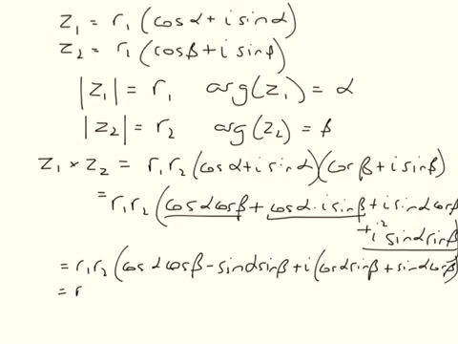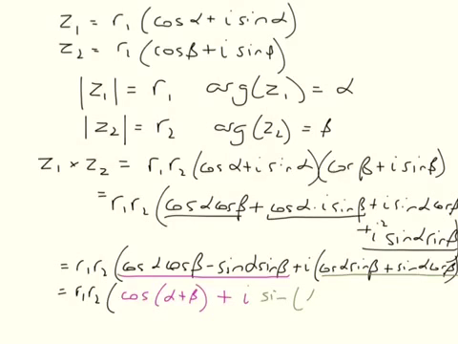Now, if you remember your trig expansions, this first one here, cos alpha cos beta minus sine alpha sine beta, is exactly the same as cos of alpha plus beta. And then this second expansion here, cos alpha sine beta plus sine alpha cos beta, is your sine expansion for alpha plus beta.